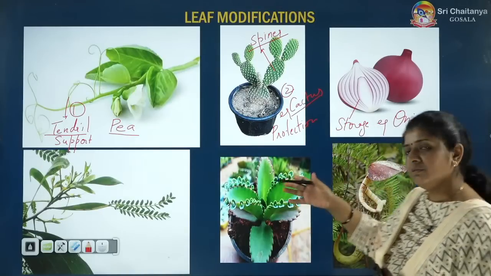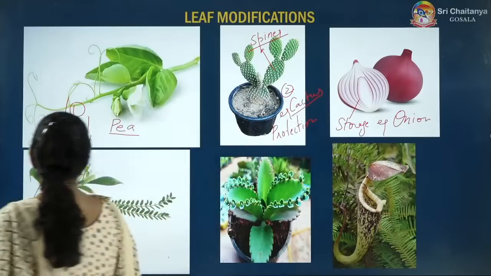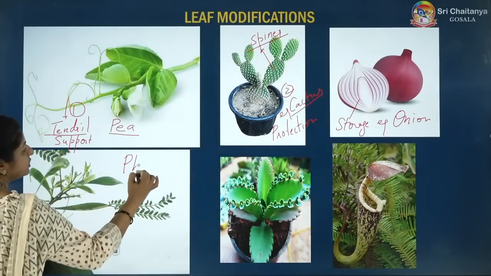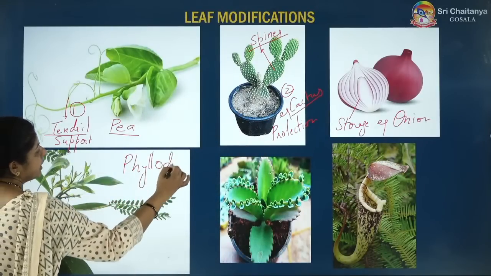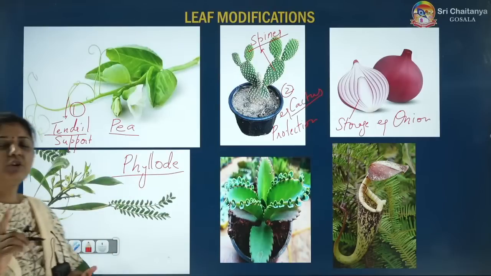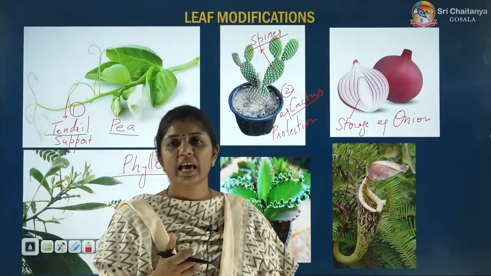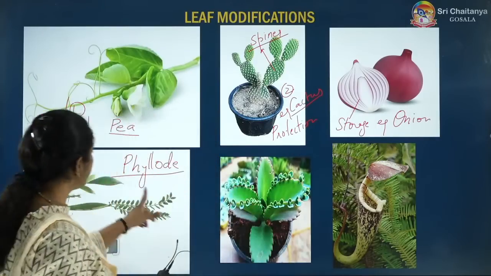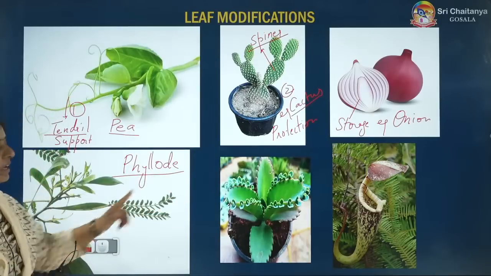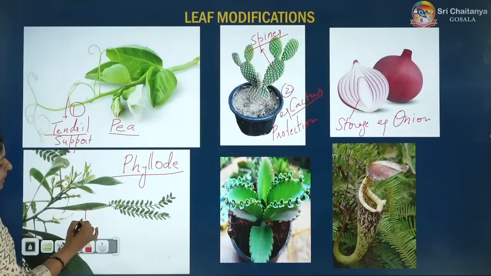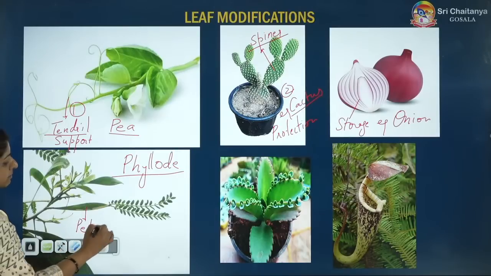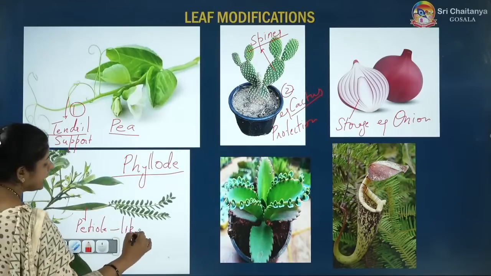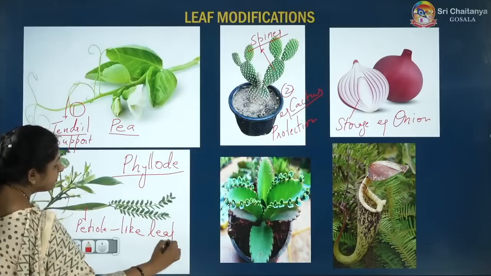So the main function changes. Now this is very important. What is that? This you call phyllodes. In stem modification I taught you phylloclade and cladode. But here what am I teaching you? Phyllodes. Here what happened? The petiole part will become like a leaf. Which part?